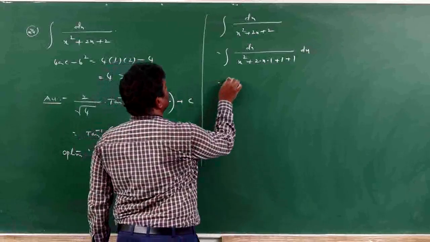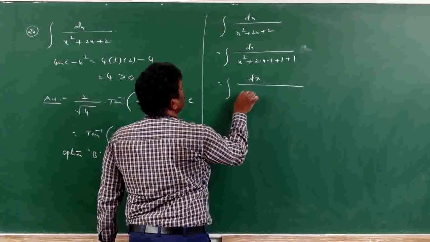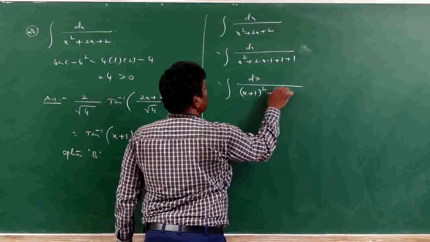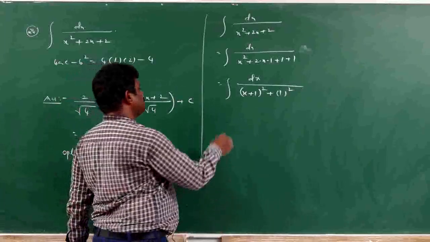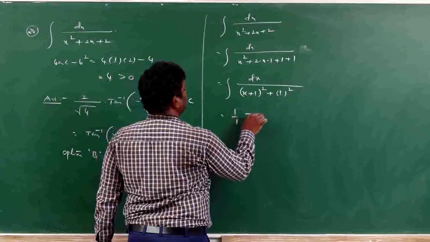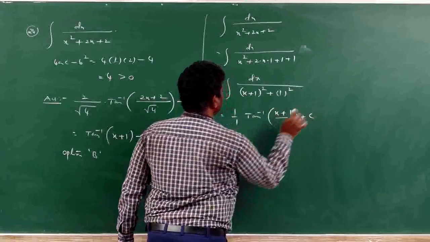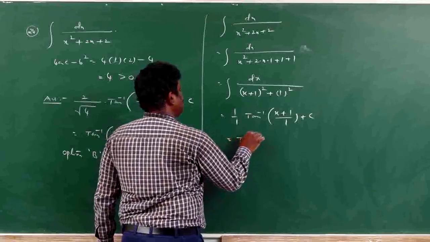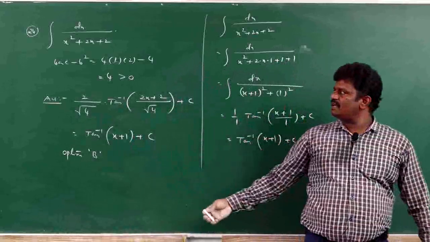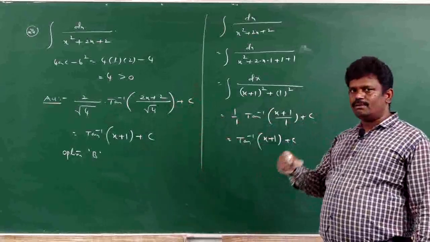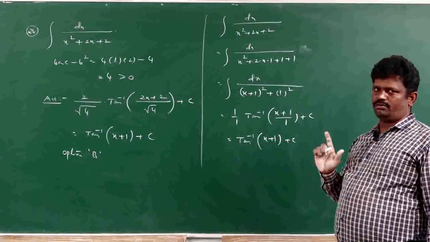Then this is equal to integral dx by (x plus 1) whole square plus 1 square. Then the formula for integral of 1 by x square plus a square gives 1 by 1 tan inverse of (x plus 1) by 1 plus c. The final answer is tan inverse of (x plus 1) plus c. So that also gives the same answer. But this method is useful when big numbers are given, then applying it we easily get the answer. Okay? Right.